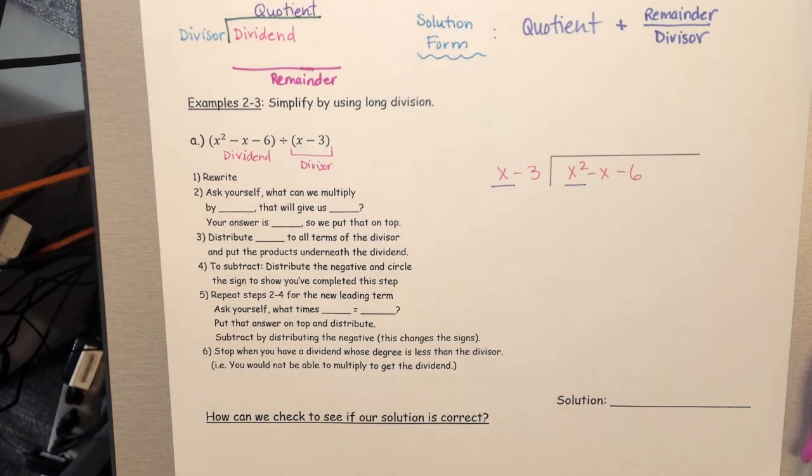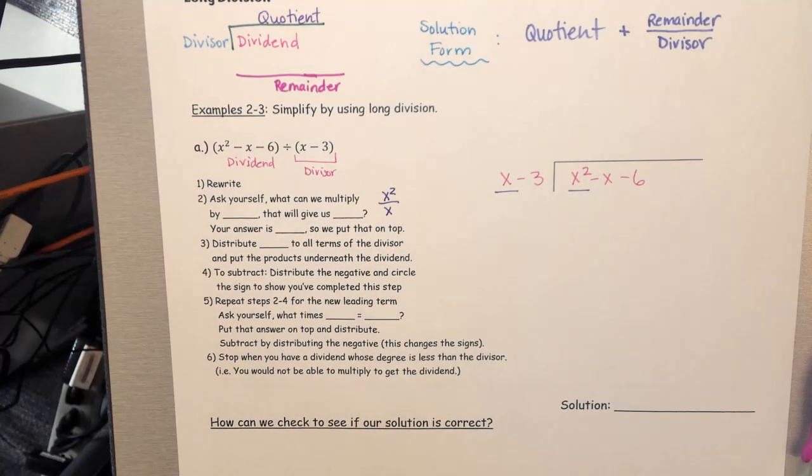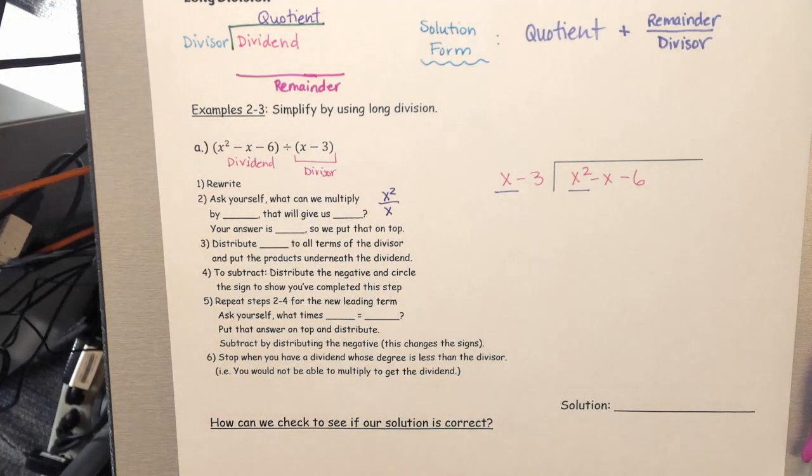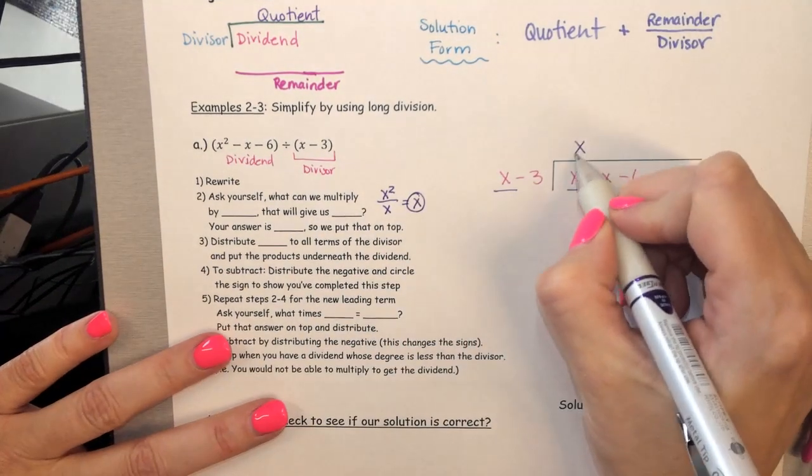Okay, and there's two ways that you can do this. So one way is you can just take x squared and divide it by x. X is correct. Okay, so you can just divide those, you get x, and that's going to go on the top.